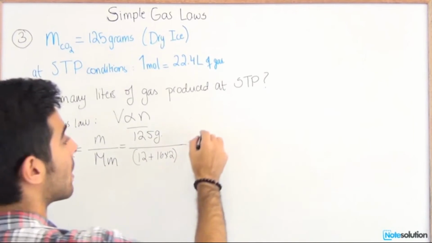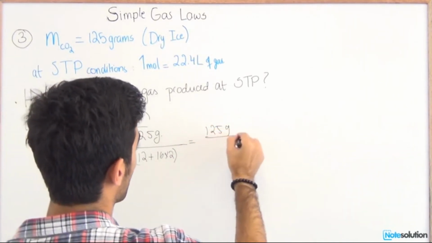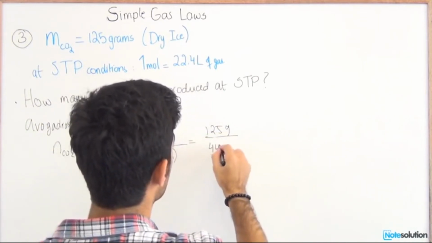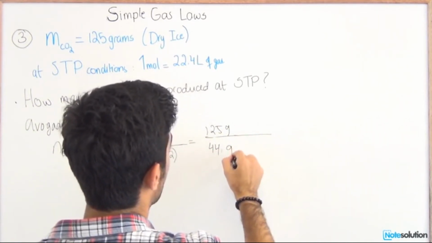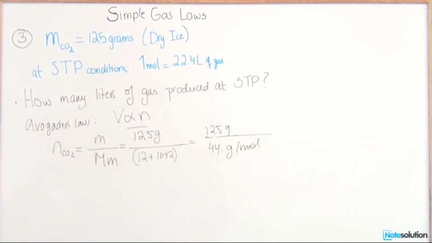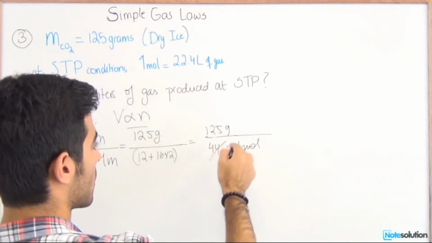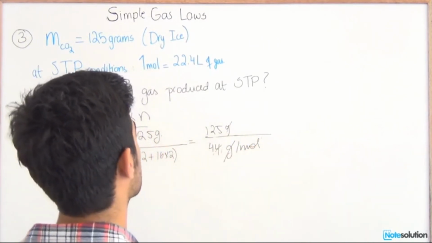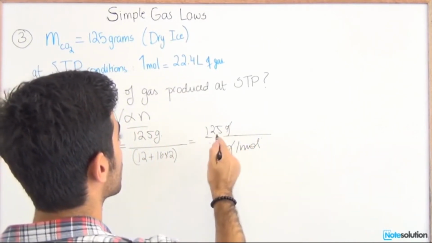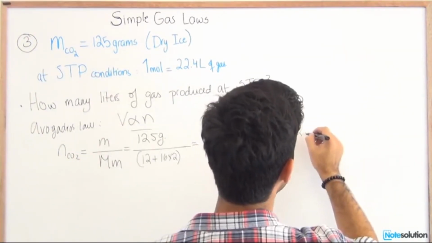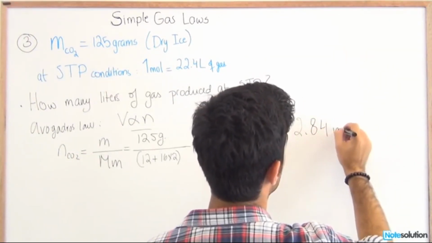Over here you would get 125 grams over 44 grams per mole. So now we do the calculations. We cancel off the grams with the grams, so we're left with the moles: 2.84 moles.